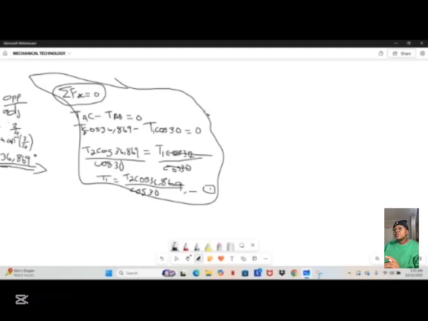So we're going to calculate the sum of the y, or the vertical components.